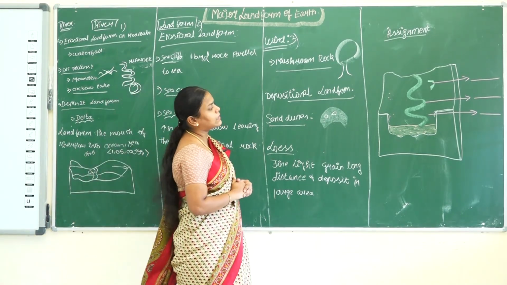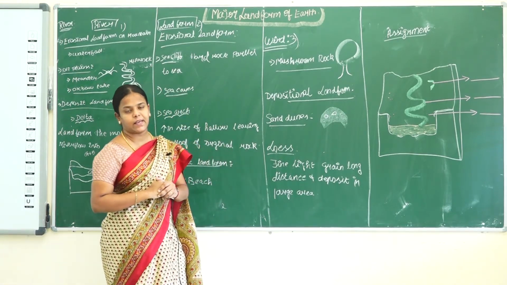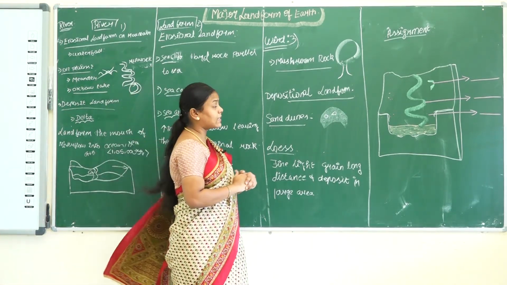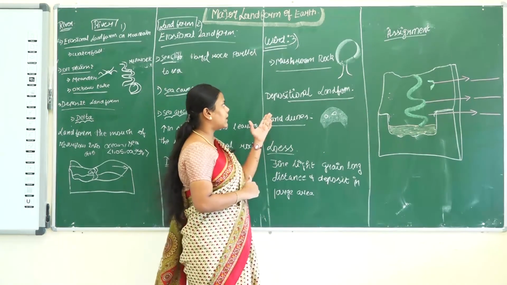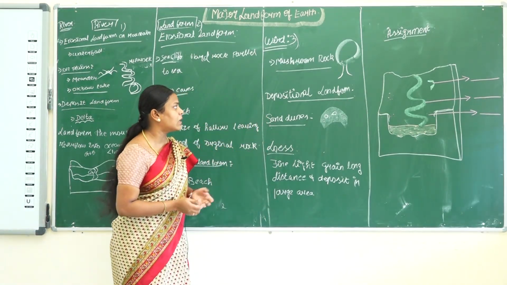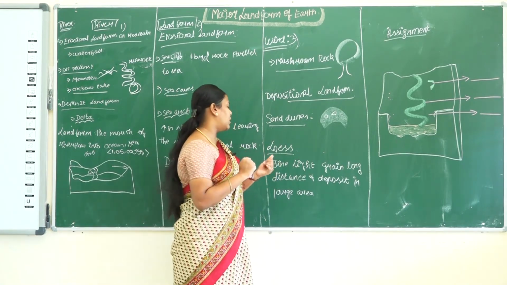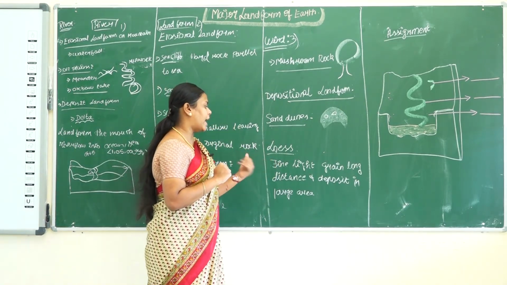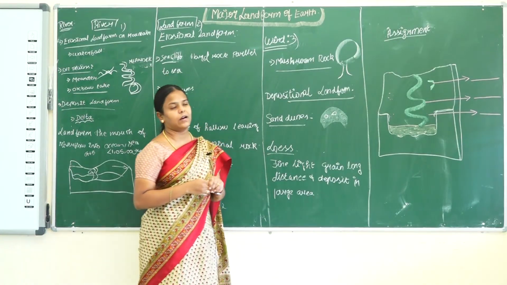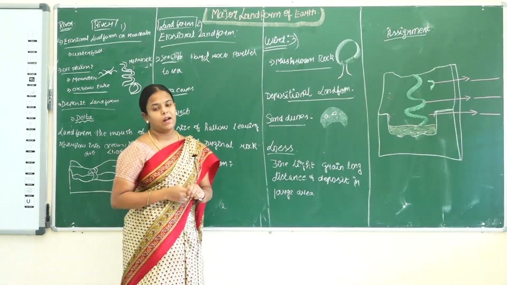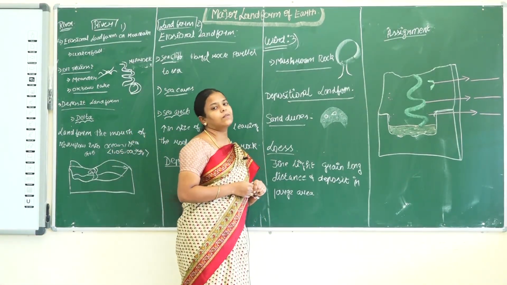Next, wind acts as an agent, and some of the examples are mushroom rock, and coming to deposited landforms, sand dunes and loess, which means fine grains travelling a long distance and depositing in a large area.